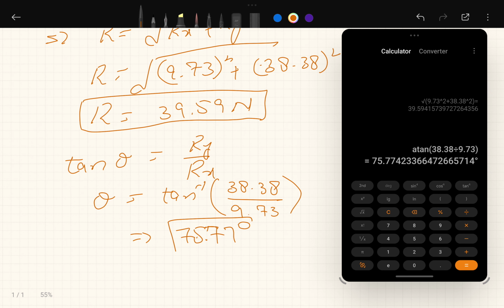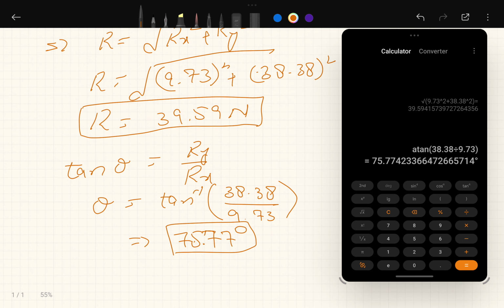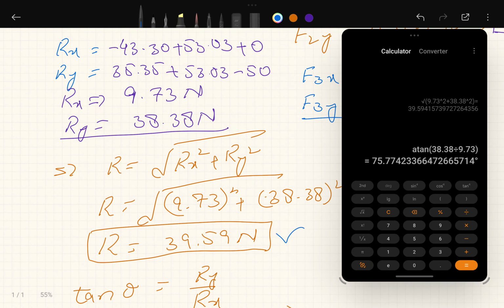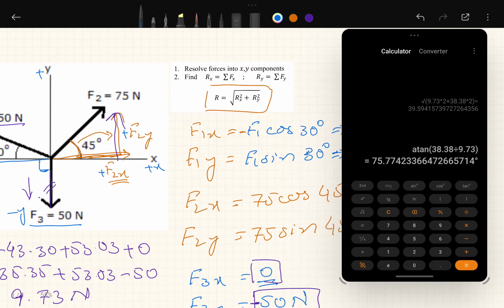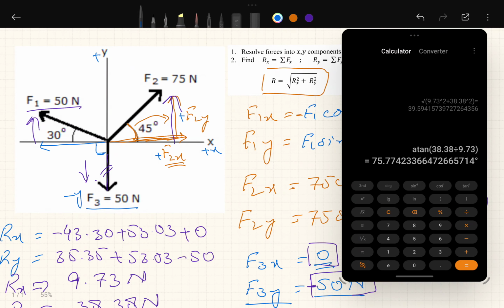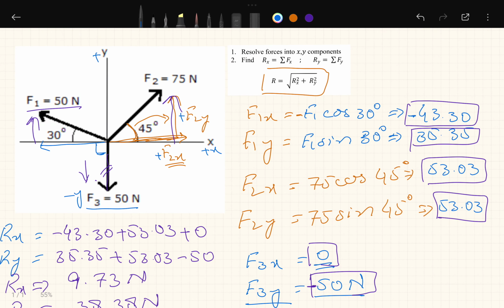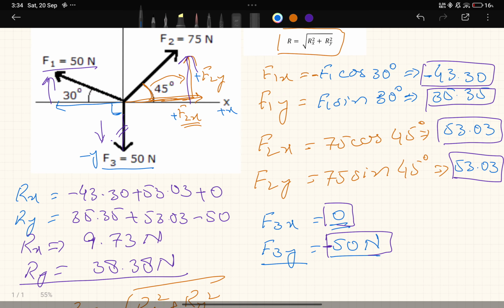So 75.77 degrees. Now we got both the magnitude and the angle of the resultant force. So this is how we are going to go about finding the resultant of multiple forces.